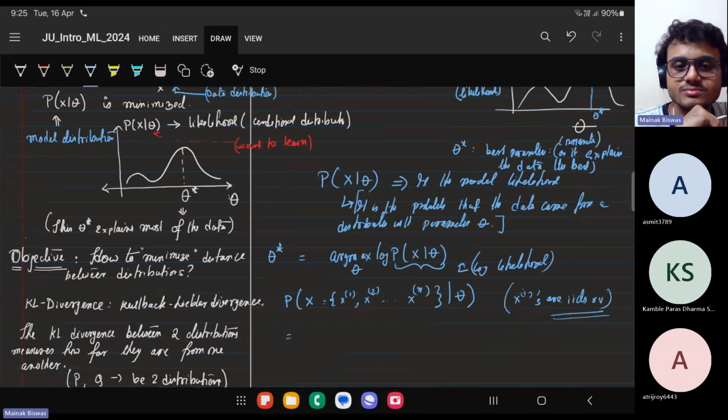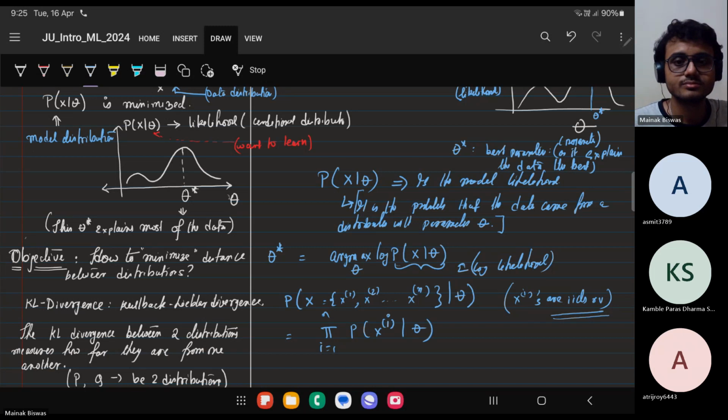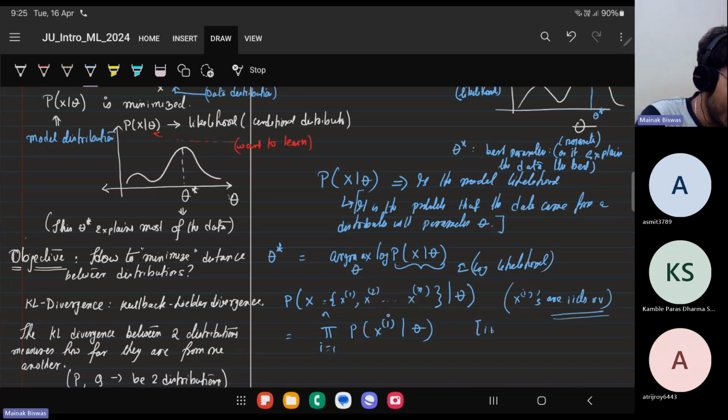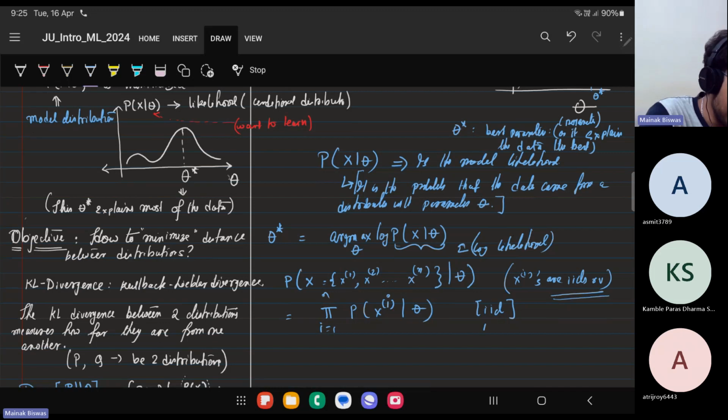Any ideas? Can I write this as the product over i equal to 1 to n of probability of xi given theta? Yes, because they're independent. They are IID. Good. They are independent and identical.